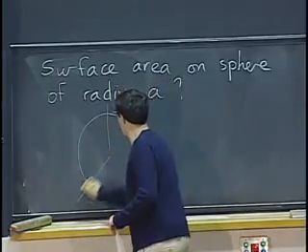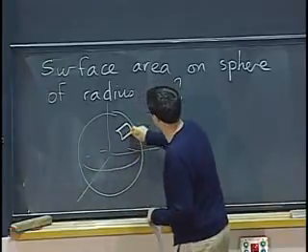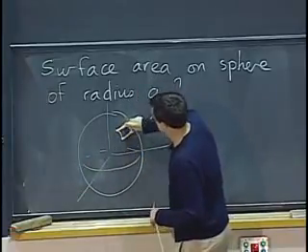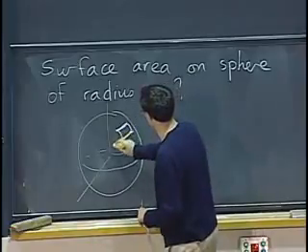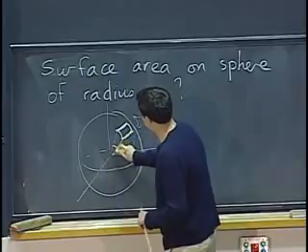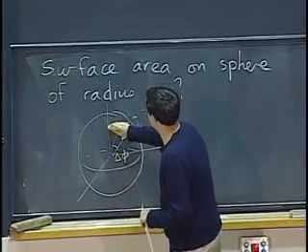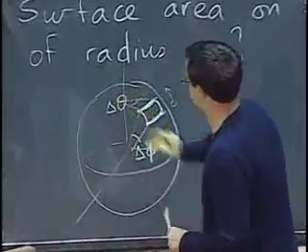So that means we'll be looking at a little piece of the sphere corresponding to angles delta phi, and in that direction here, delta theta.